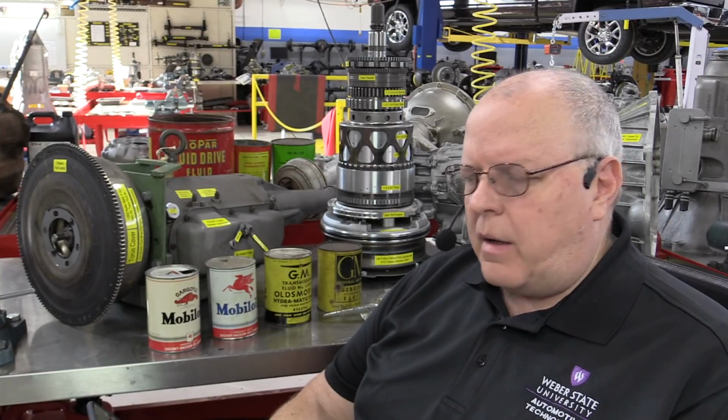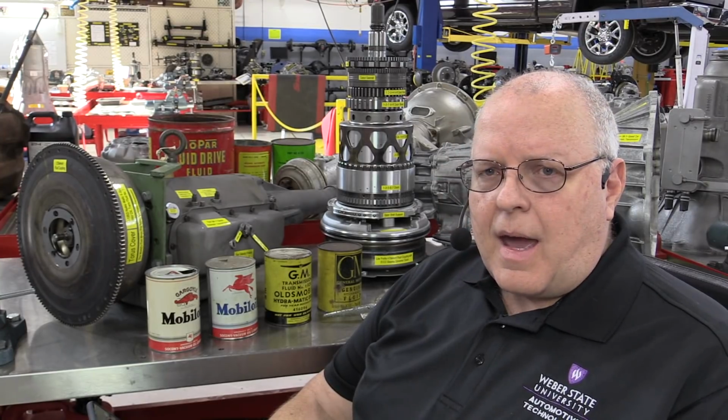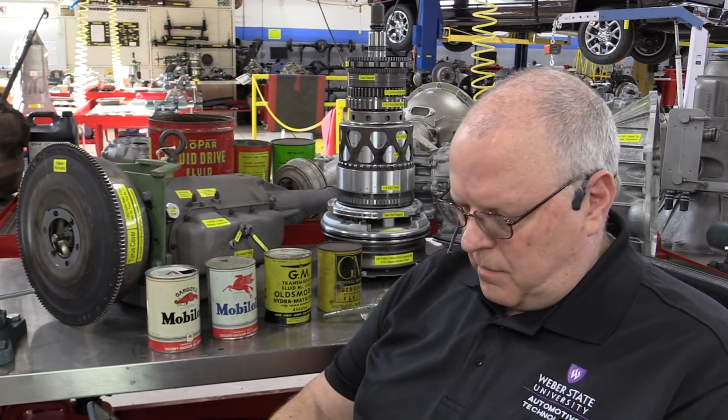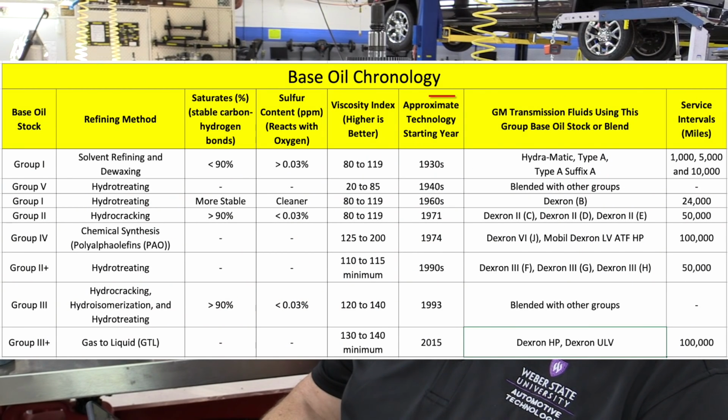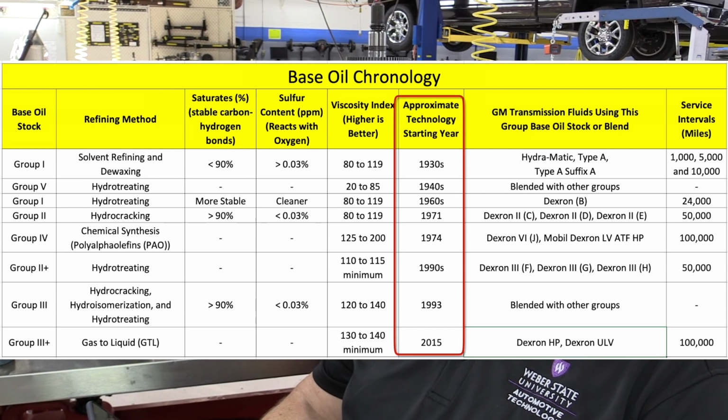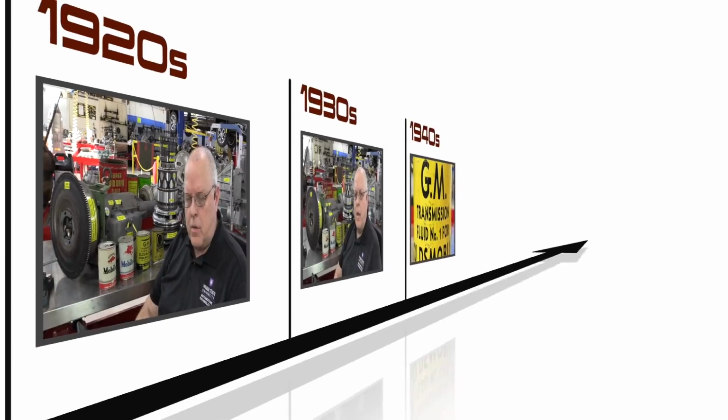It is a complete package of the base oil blend and the additive package combined. Now in this next table, I have rearranged everything by the approximate year that technology was available according to my research. So we will start exploring the General Motors transmission fluids beginning with fluids from the 1930s.